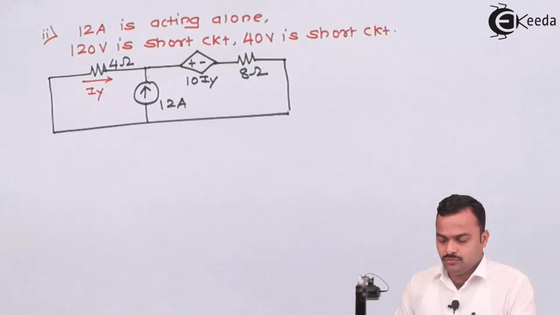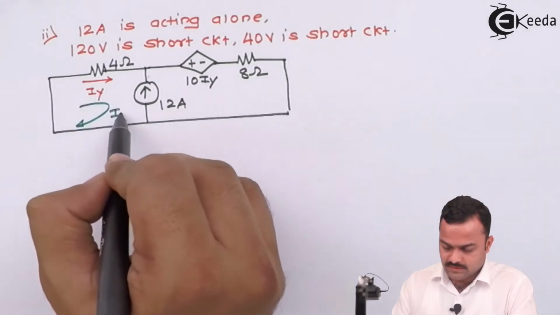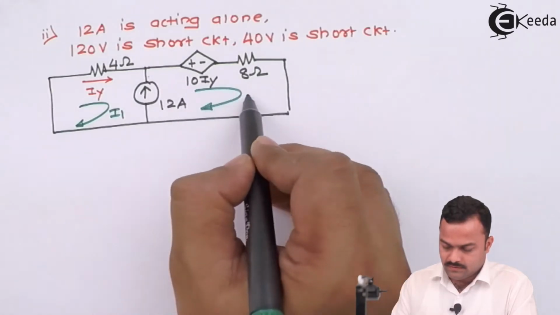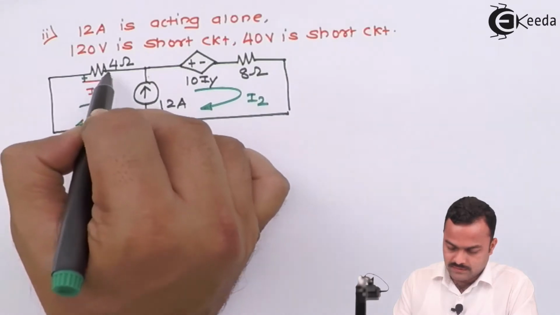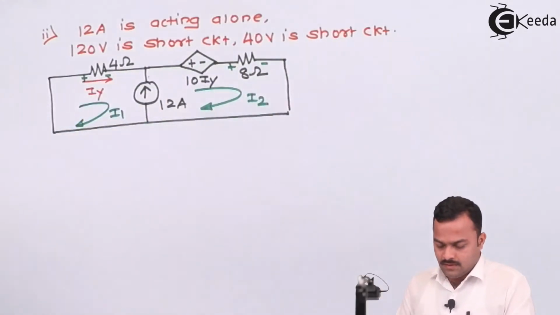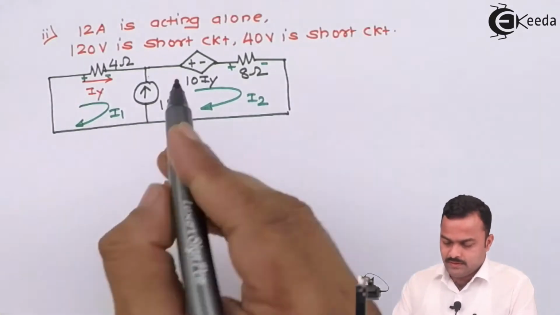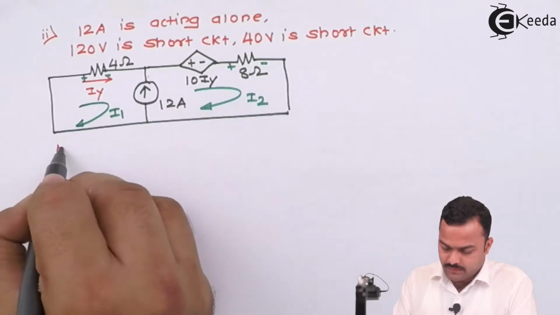This time we have two loops, so two loop currents. Let's consider this as I1, this as I2. We will get the voltages like this. Now there is a current source between the two loops, so we need to write the equation of the current source first.